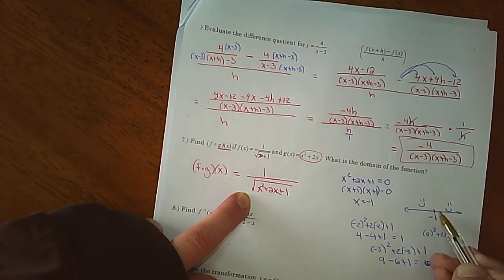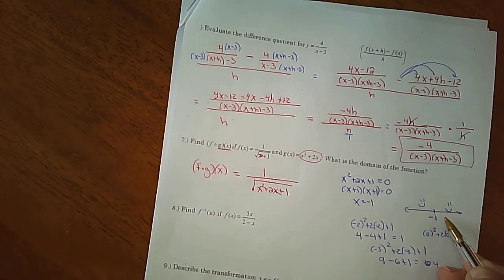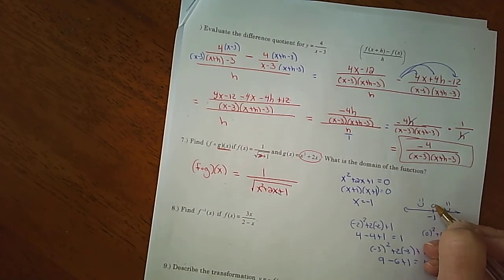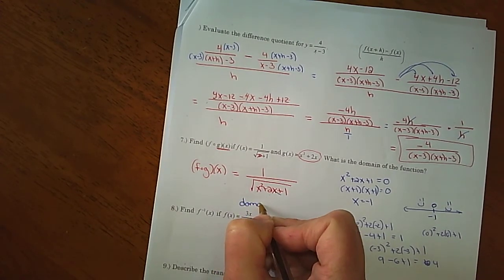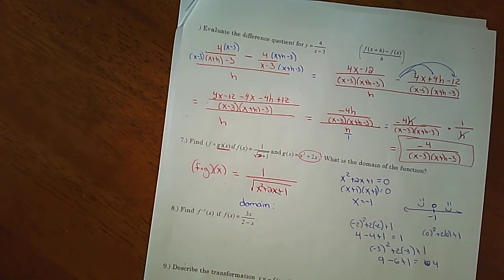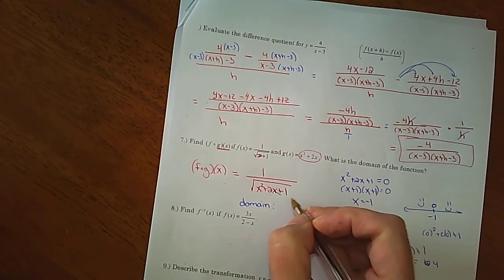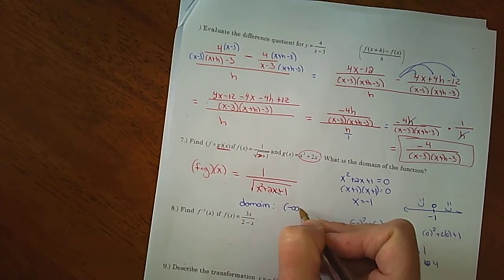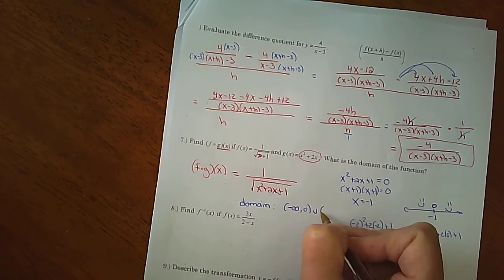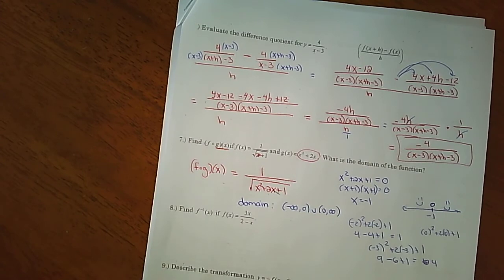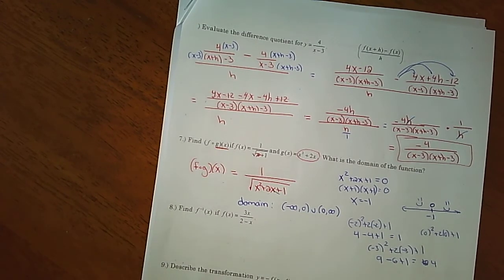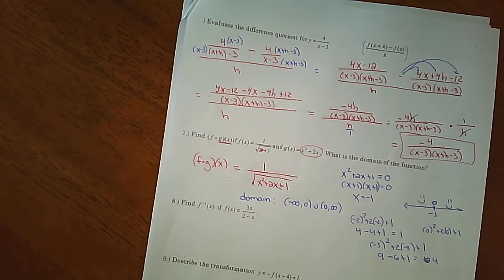So positive. So it is so good. So really the only thing that's going to ruin this thing is negative 1. So I'm going to put an open circle there. So my domain for this thing is going to be negative infinity to negative 1 or negative 1 to infinity, because the only thing that's ruining it is a negative 1, because we cannot have a 0 in the denominator.